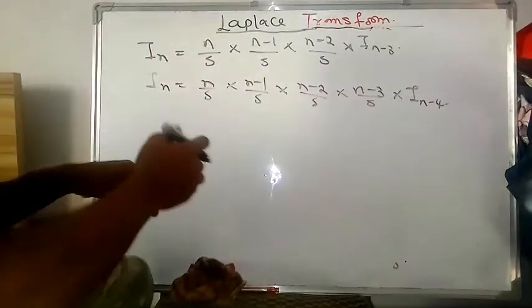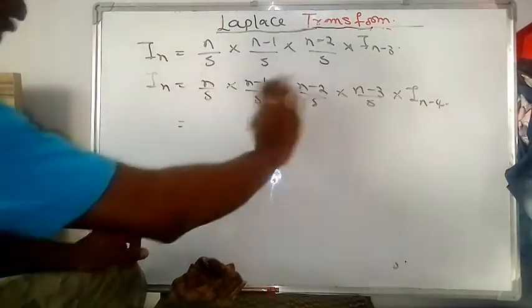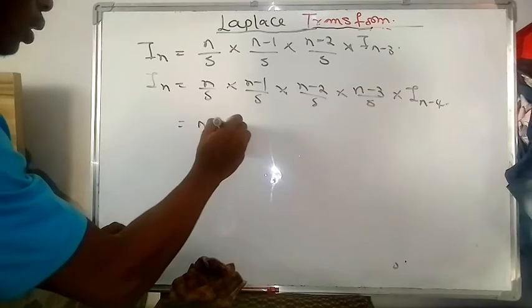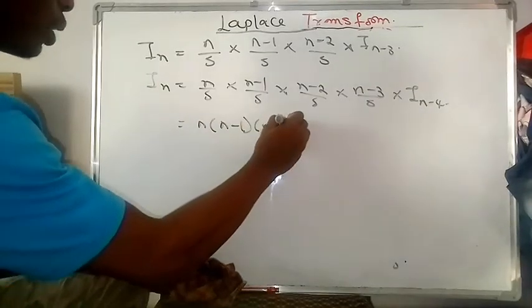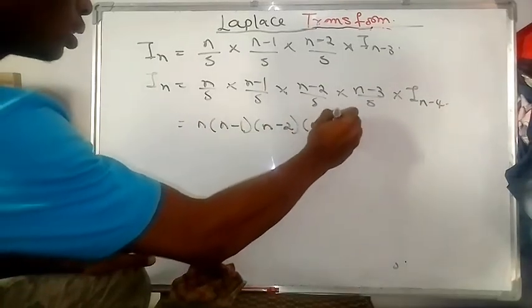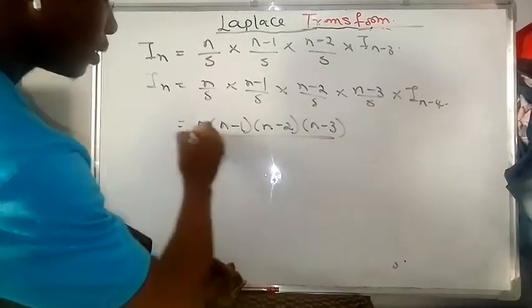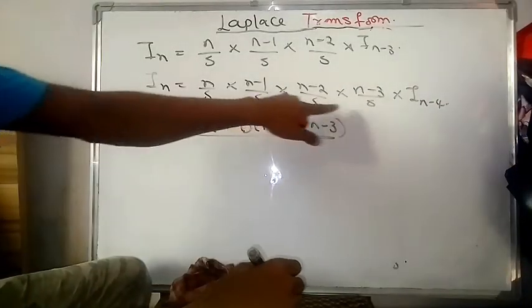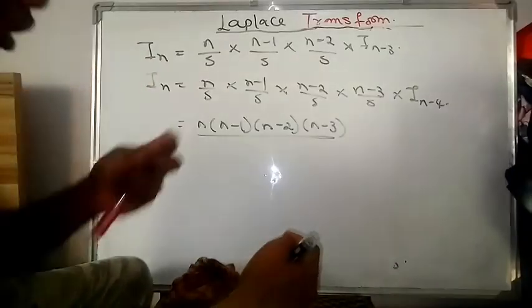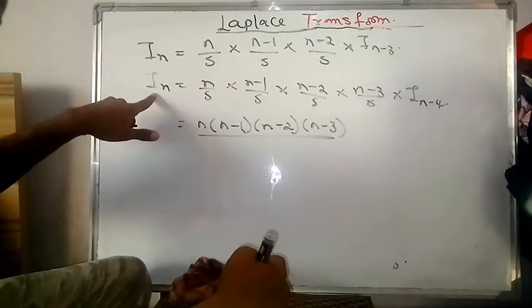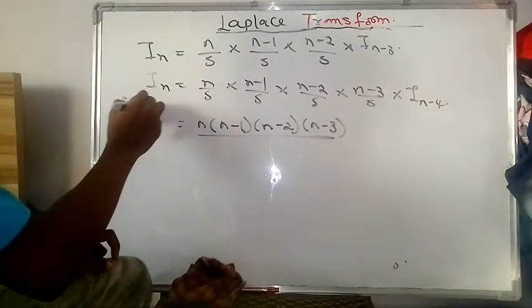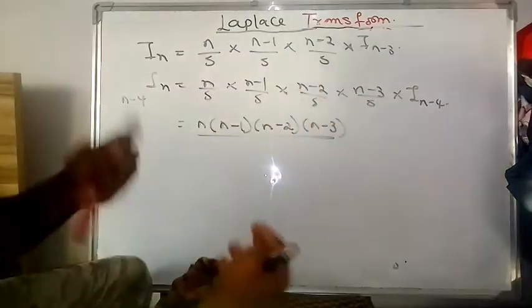So I can rewrite the general term. For example, let me write this. I have n minus 1, n minus 2, n minus 3 divided by, now how many s do we have here? 4 s, right? Which is the same as n, which is 4. If I let n be equal to 4 here, the number of s I'm going to get is 4.